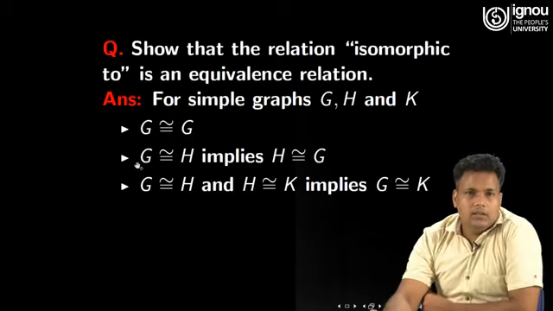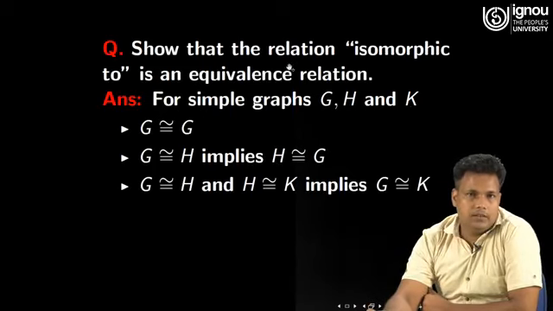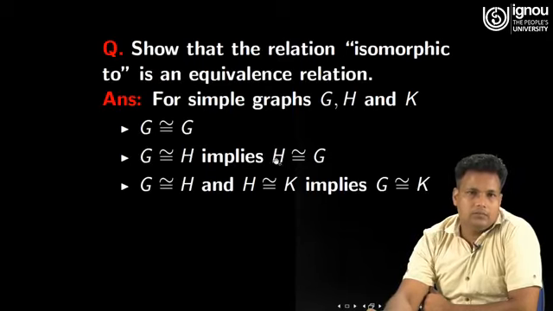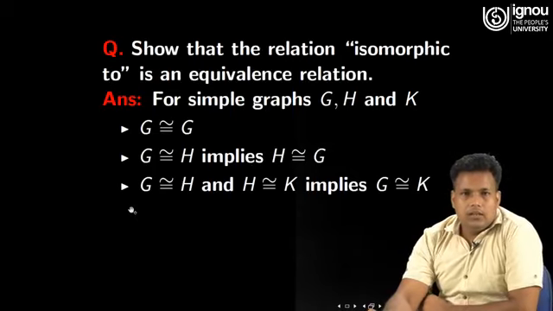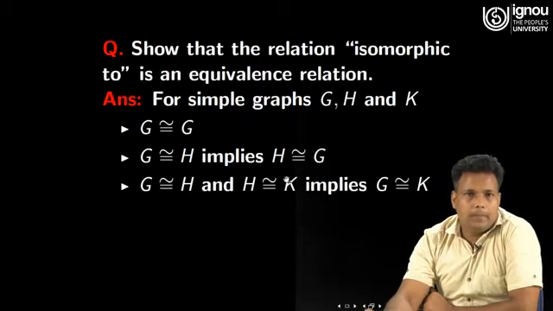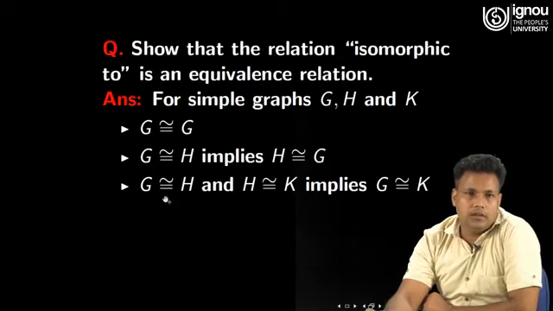Second, if G is isomorphic to H, then, as you have just seen in the previous question, H is isomorphic to G, right? Because if F is an isomorphism from G to H, then F inverse would be an isomorphism from H to G. And the third condition is, if G is isomorphic to H and H is isomorphic to K, then G is isomorphic to K. This is called transitivity.